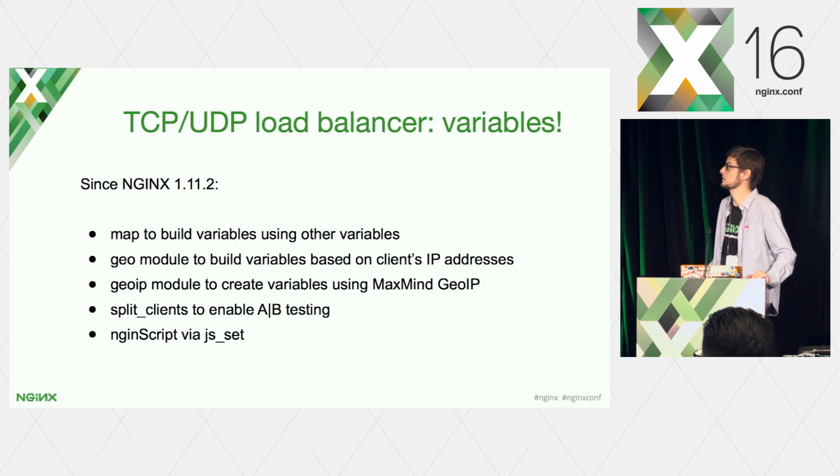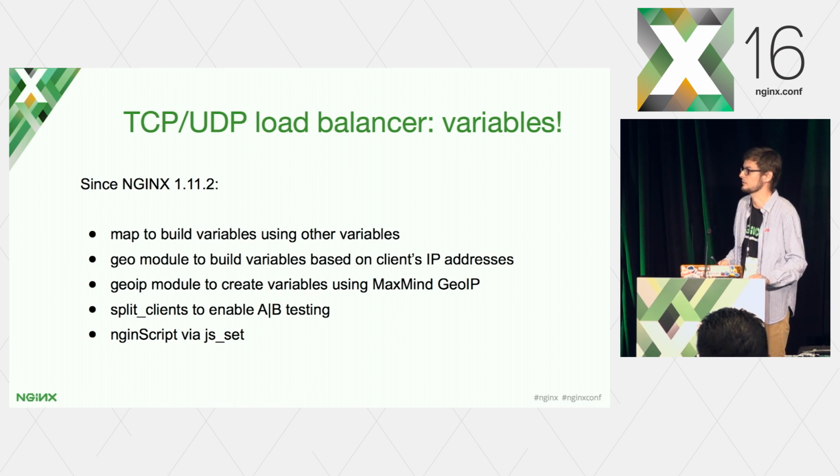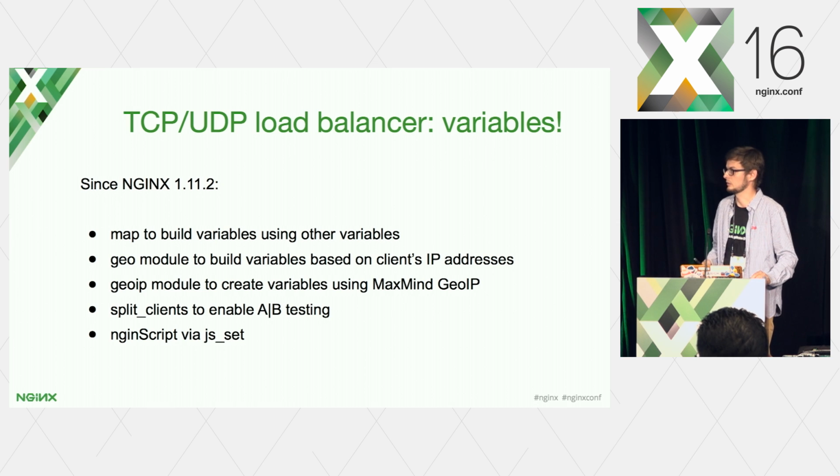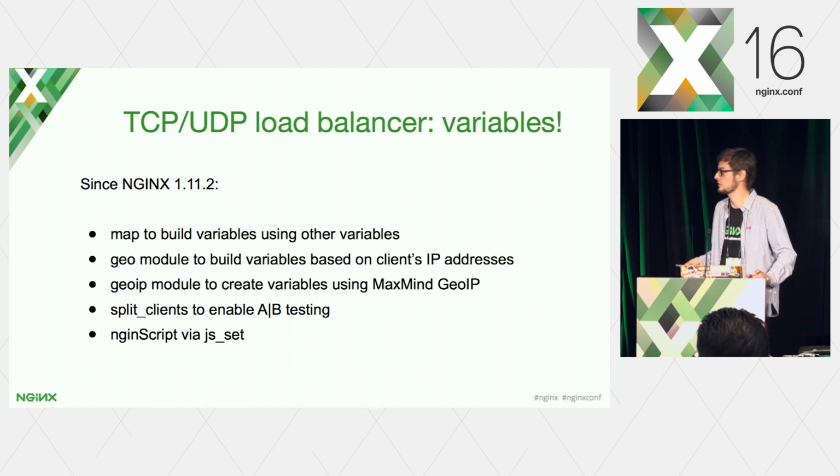So speaking about variables, since 2 versions ago, or 1 version ago, you can create variables in the stream module, and that greatly expands the possibilities of the stream module because the configurations can be programmed in many ways. You can use the map module to build variables based on other variables. It's pretty much the same as in an HTTP block.